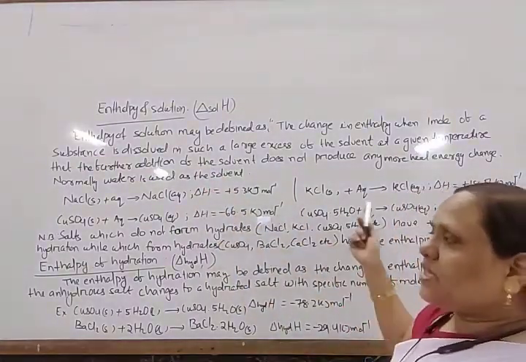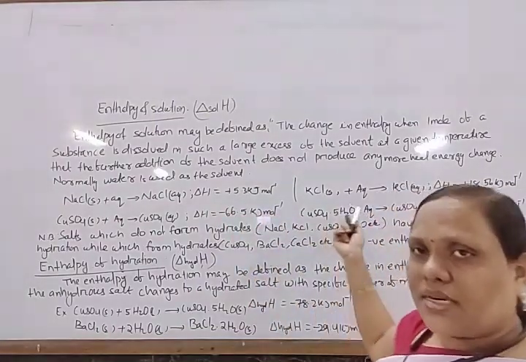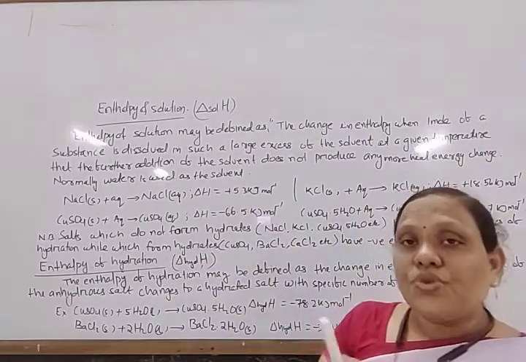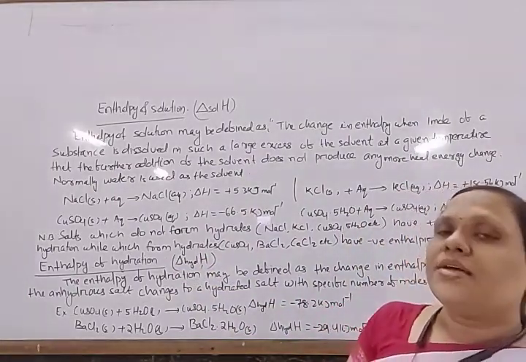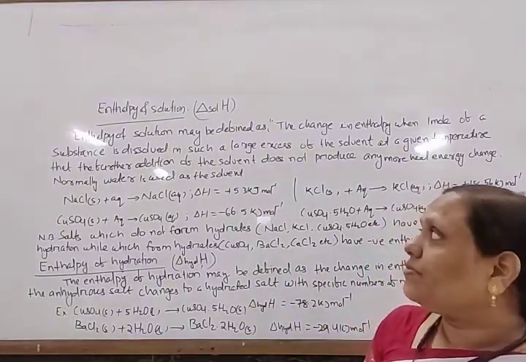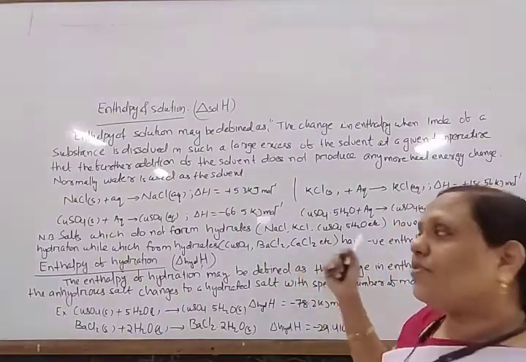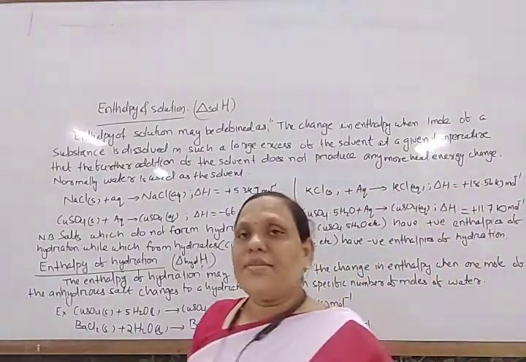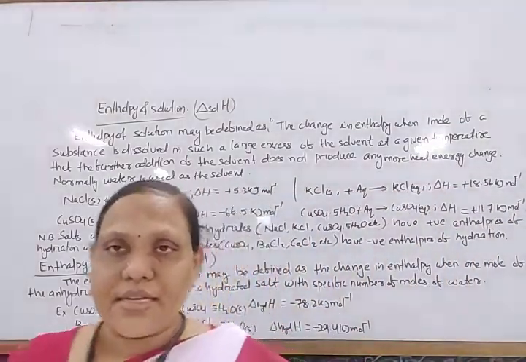Some examples are given. Some have positive, some have negative enthalpies of solution. Generally, substances that do not form hydrate salts have positive values of enthalpy of solution, and those that can form hydrate salts generally have negative values of enthalpy of hydration.